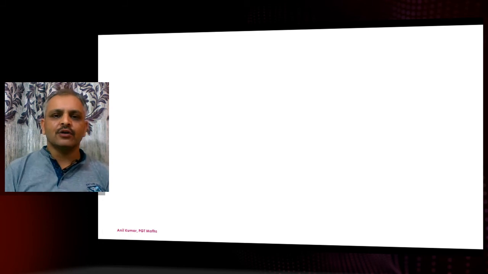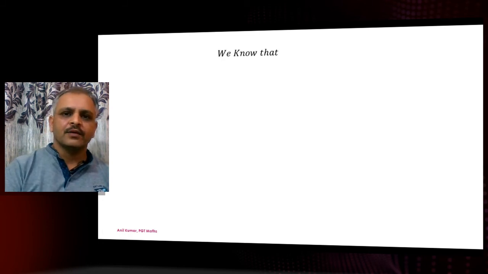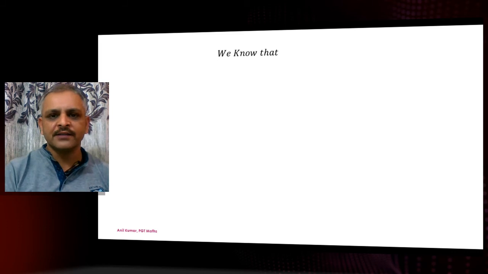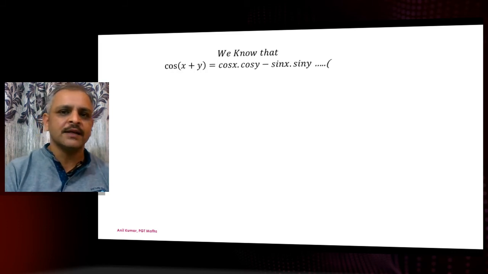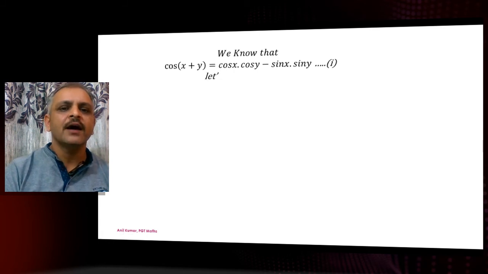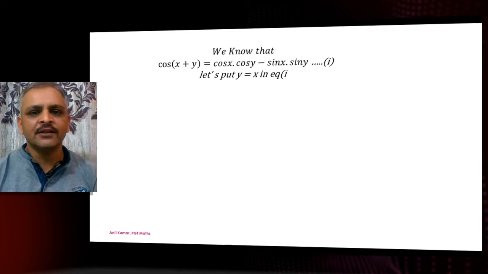So let's discuss cos. We know that cos(x plus y) is equal to cos x cos y minus sin x sin y. In the same pattern, let's put y equal to x.